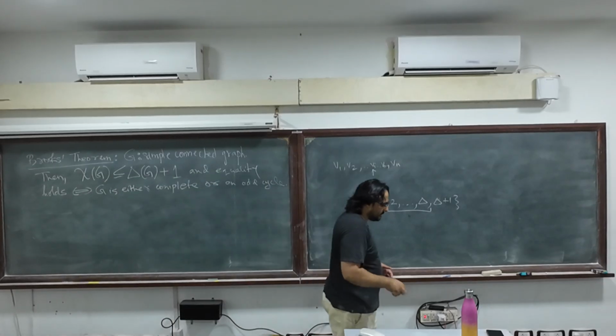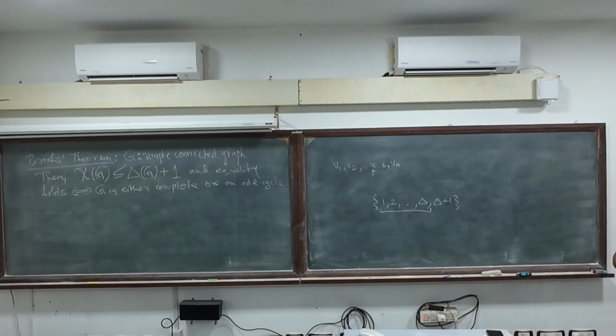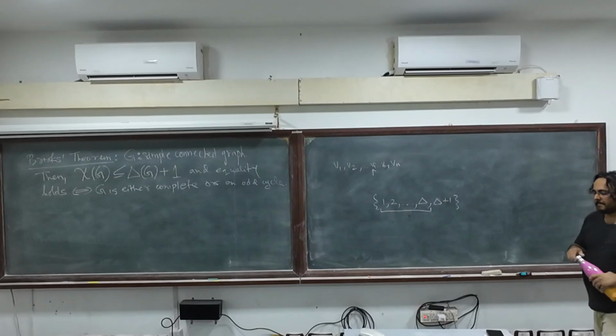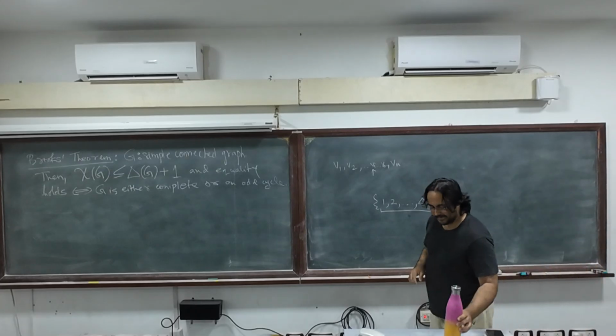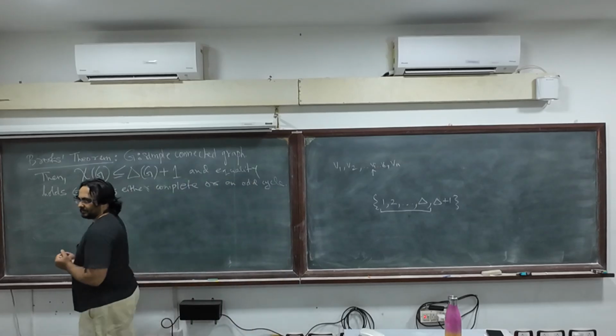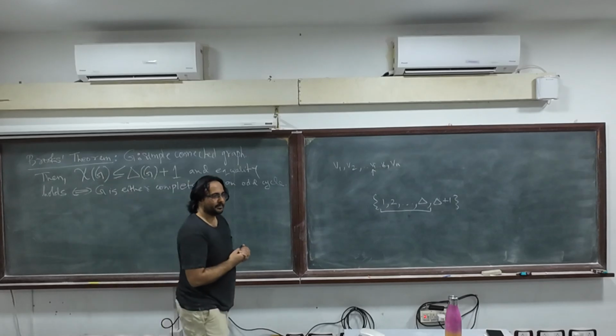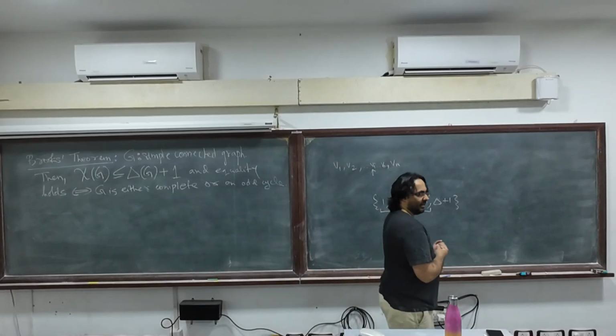How would you do this? You have a simple connected graph. Why is connected important? What do you know about connected graphs? Do you know some nice properties of connected graphs that could be useful here?